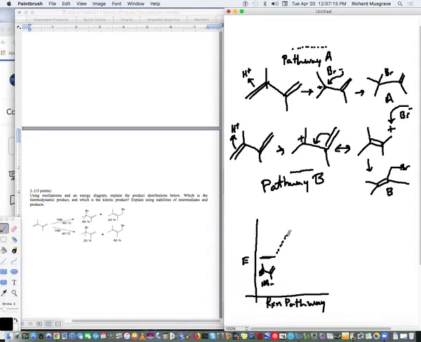Now, pathway A is going to look like this. And pathway B is going to look like this.